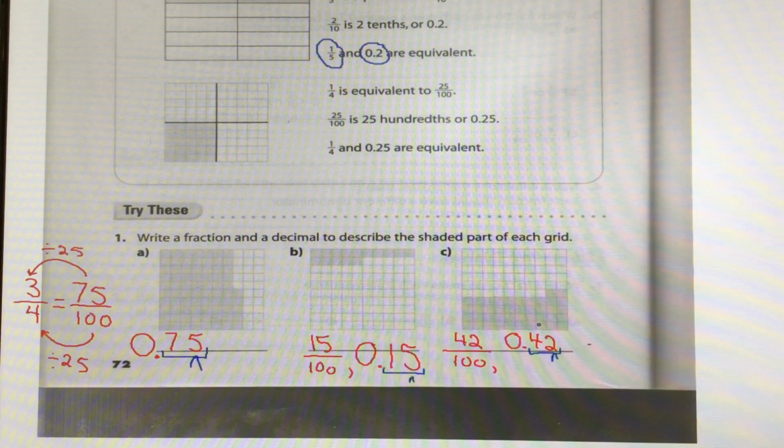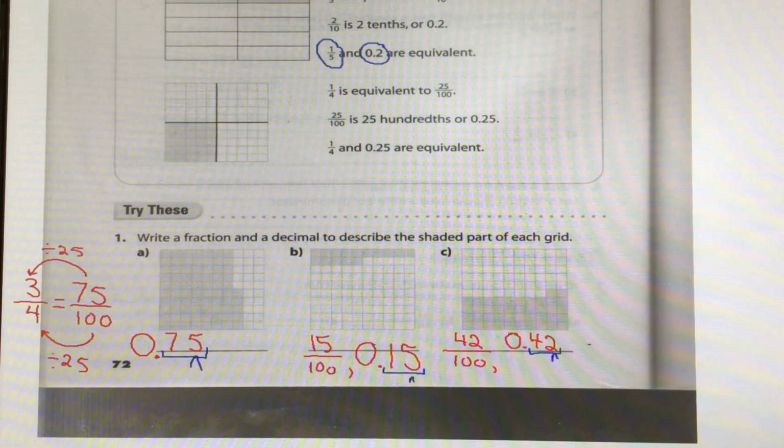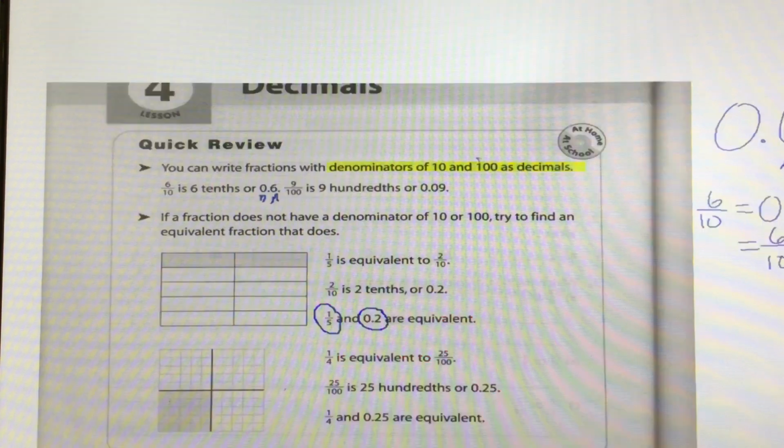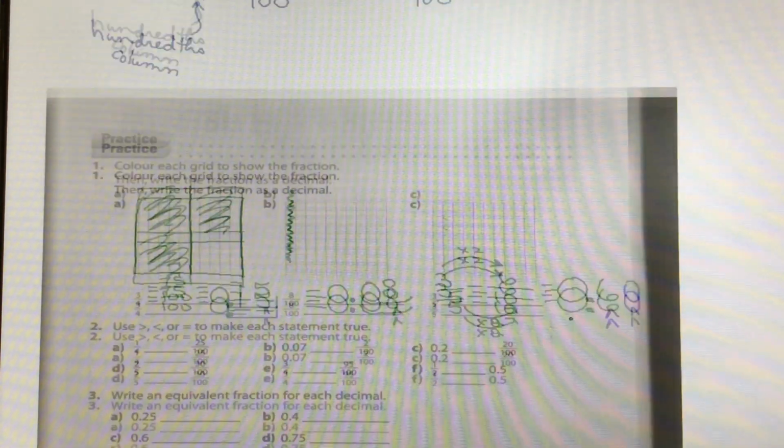Same thing over here. There's 42 shaded out of 100 that make up the whole, which would be a decimal of 0.42, or 42 in the hundredths column. Okay, let's go over to page 2 and see if we can make sense of this.